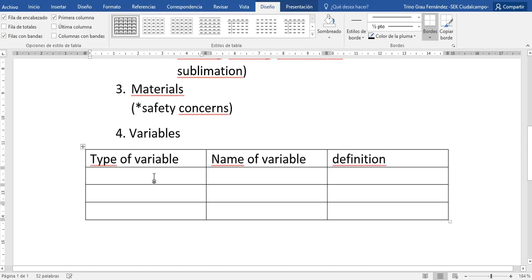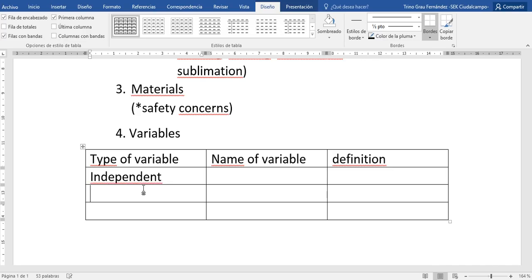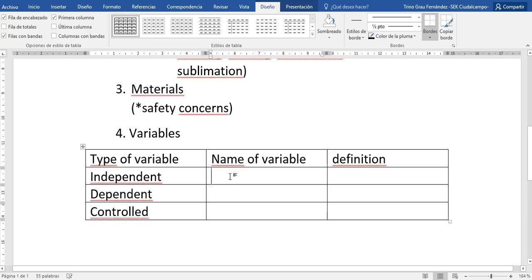Okay, type of variables, and you have independent, dependent, and control. The independent variable here is the one that we change to measure the change of state.